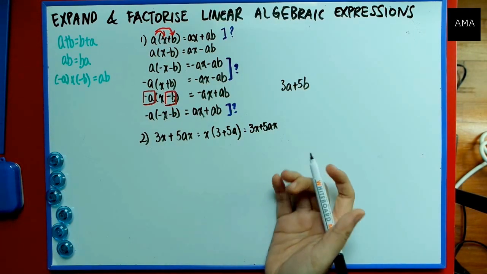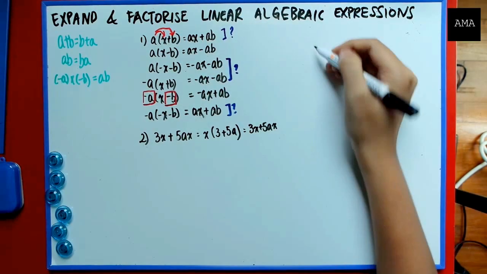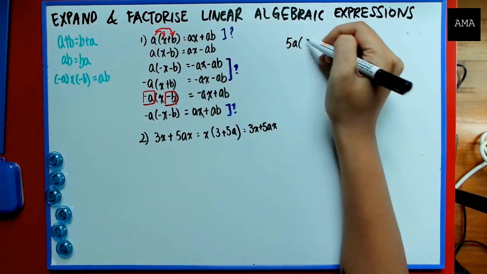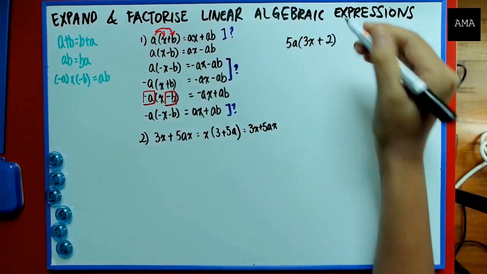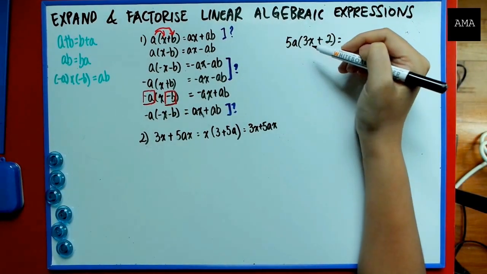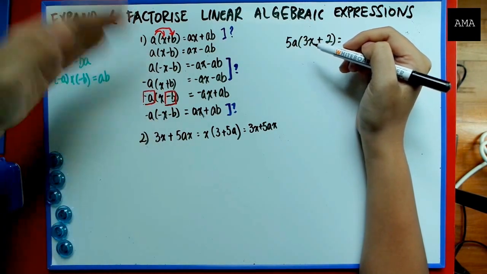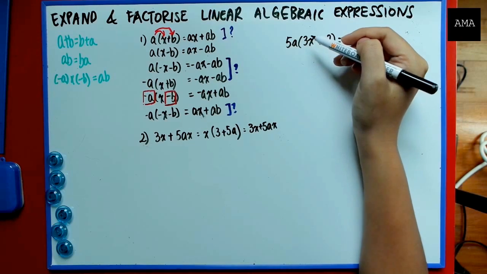I want to show you some simple examples, okay? So let's go back to expanding. So if I say expand this, 5a times 3x, it might confuse you a little because there are many things happening here. This is written in a very straightforward manner, whereas here I have so many things happening, right?